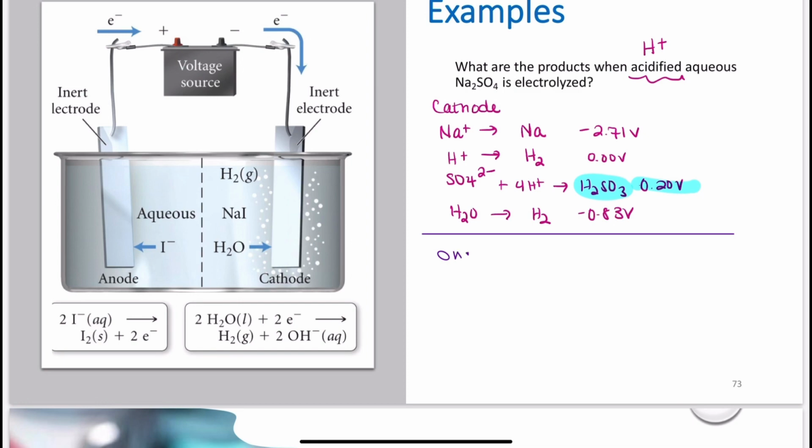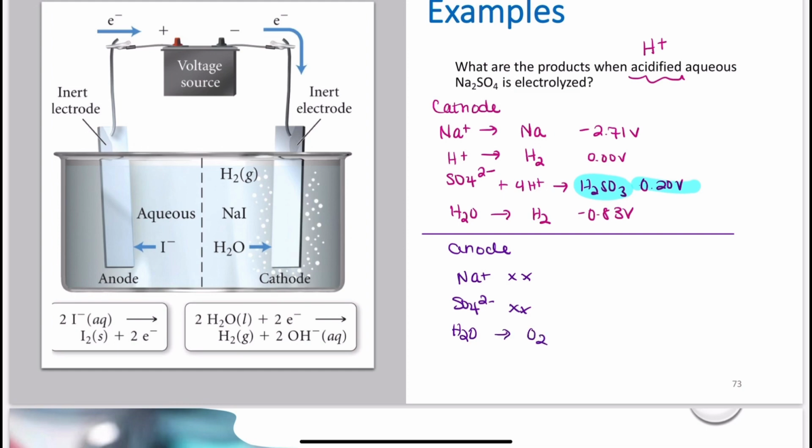My anode. Na+ can't do anything. SO4 2- can't do anything. Again, sulfur is already at a +6 oxidation state. Can't do any more.